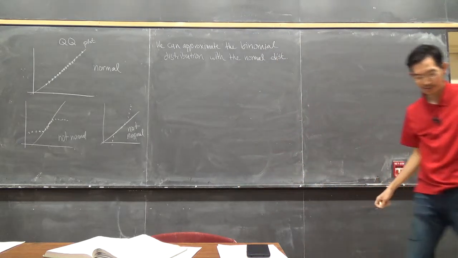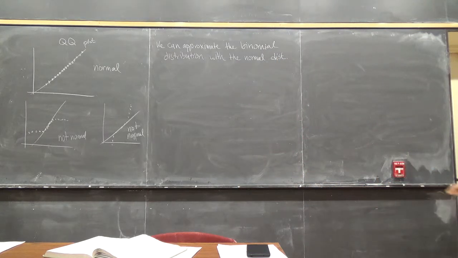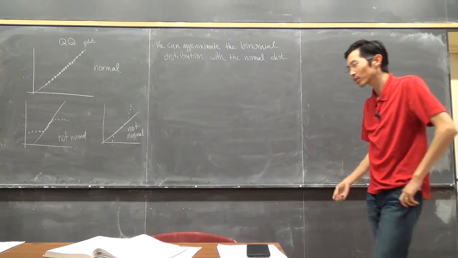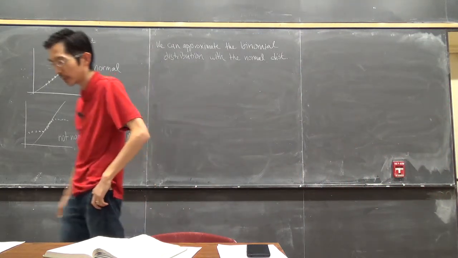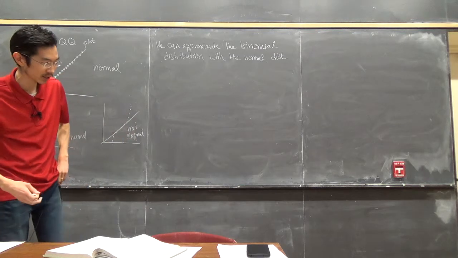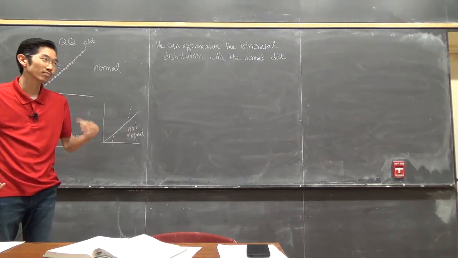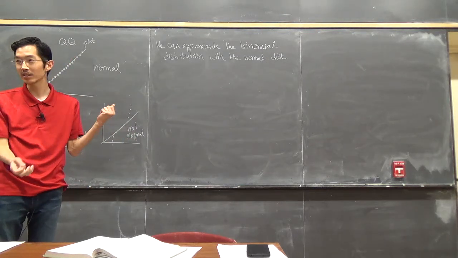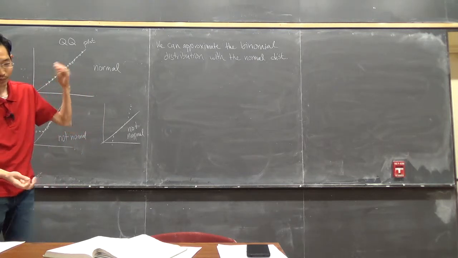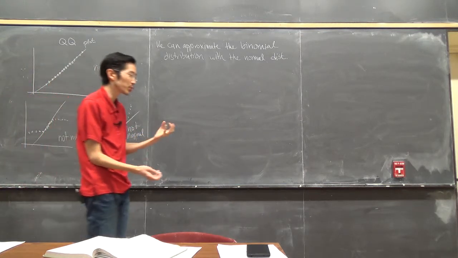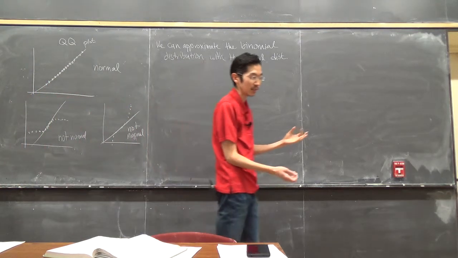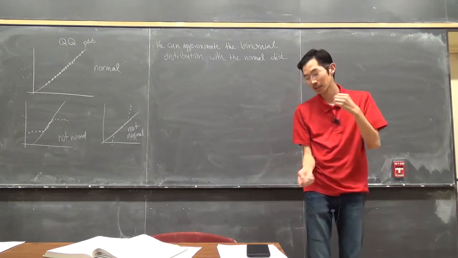Now I have to say a disclaimer: in this class we're learning a lot of methods to do calculations by hand, for better or worse. That's the nature of learning classical statistics. We're learning to do these things by hand. Most modern statistics and even probability is done by computer these days.